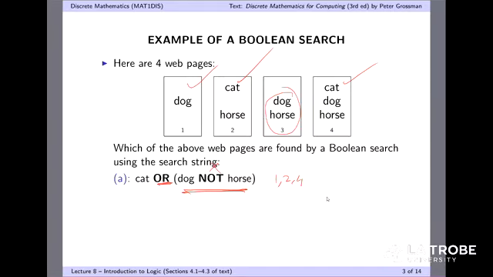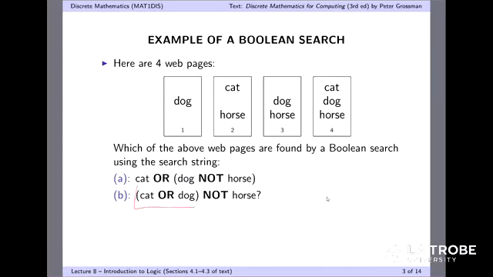Okay? Let's look at the next. Cat or dog, either cat or dog, but not horse. Now, not is outside the bracket. Think carefully. We have this statement and it's connected with that statement through this connective not.